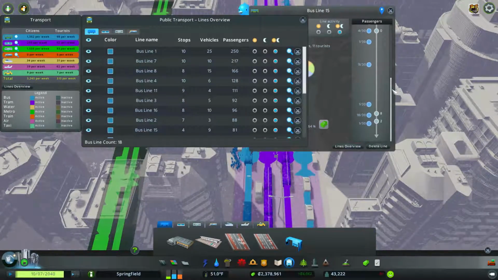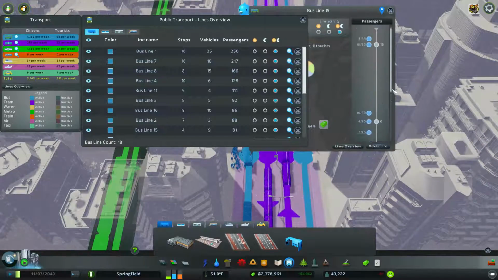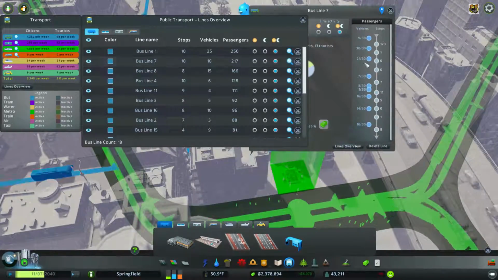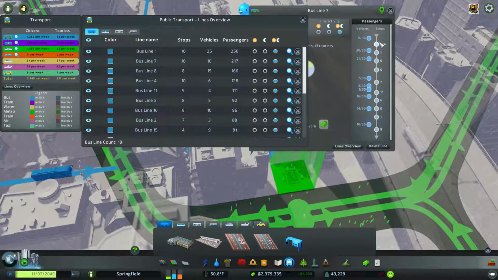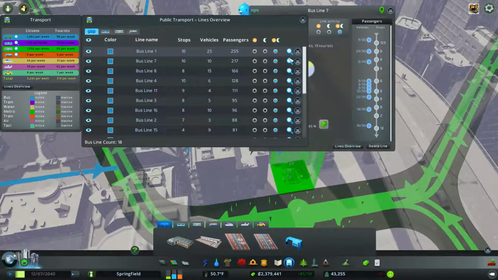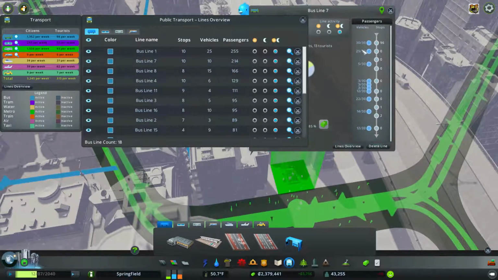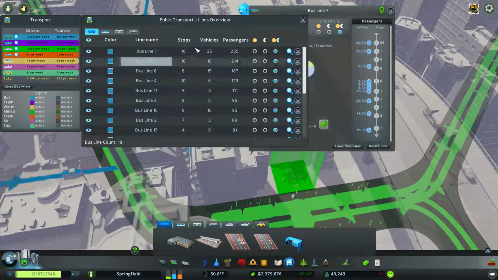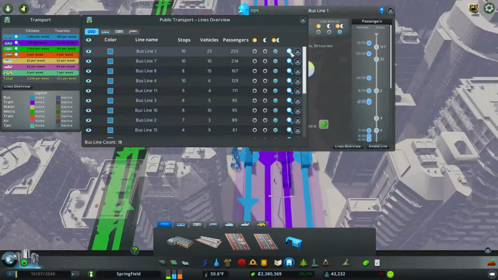and yeah, see, nobody's. It's not bus line 15. Does bus line 7 run through here? No, it doesn't. And there's another clogged up one. Well, it's not that bad. It's certainly not as bad as this one.